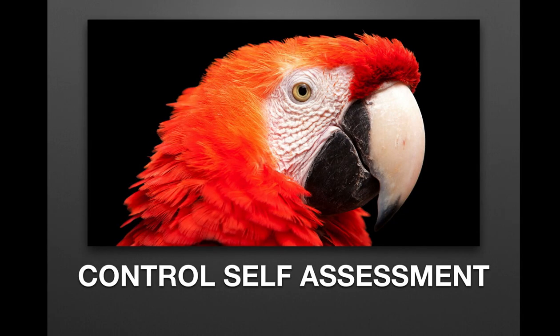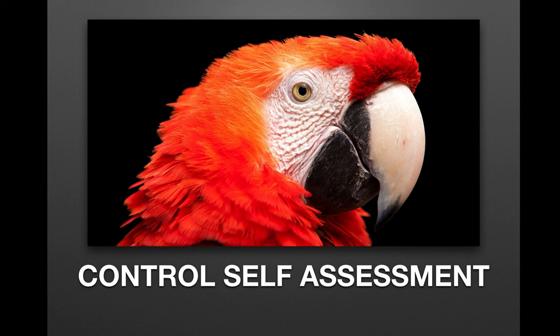Okay, the next important chapter is control self assessment. The way I understand it, the team has a more important role to play. First of all, it concentrates on high risk and enhances control monitoring by the functional staff.